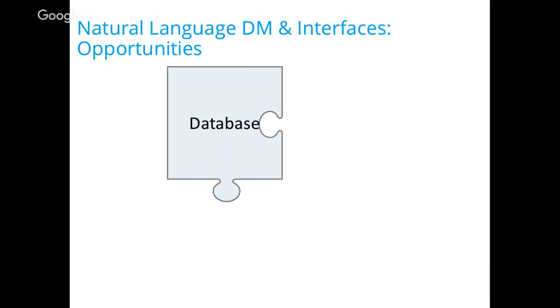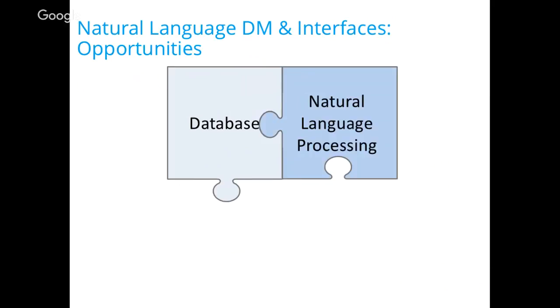So here in the audience, most of us come with a database background, right? But I want to point out, to solve all the problems that Dawood and we have talked about, database is just one piece of the puzzle. We need to put all the pieces together to really solve the puzzle. So natural language processing, no question, right? We need to utilize technologies happening there to understand text better.